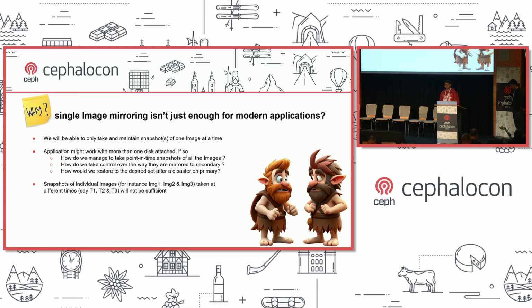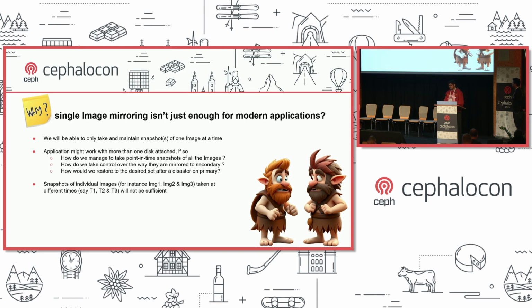And how are we going to make sure that these image snapshots reach the secondary before we even hit the disaster? Even if you're lucky enough, and let's say these image snapshots have already landed onto the secondary, how are we going to restore this particular set of image snapshots?